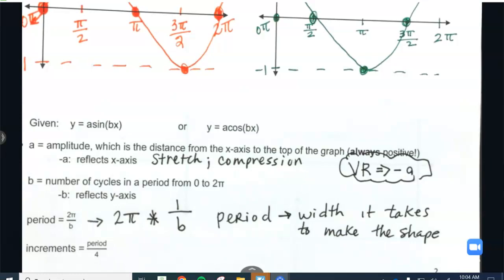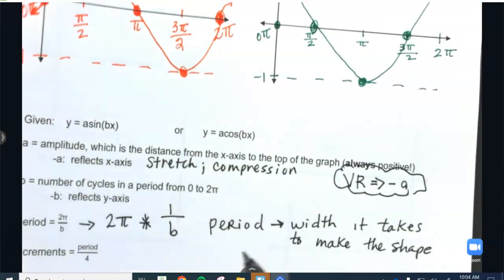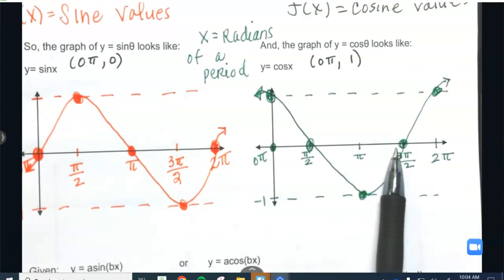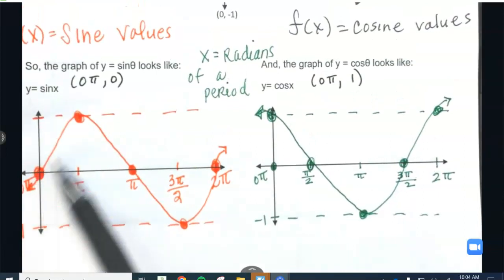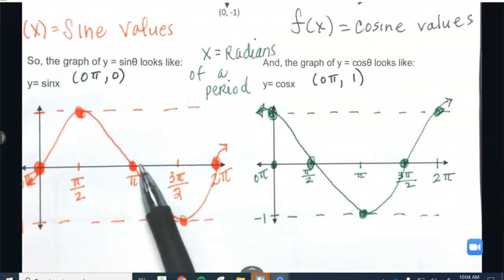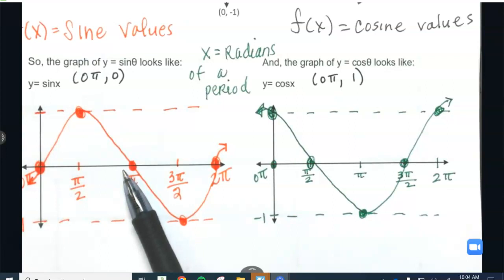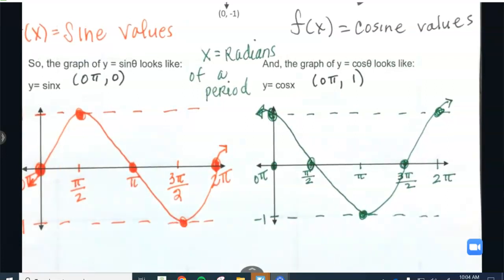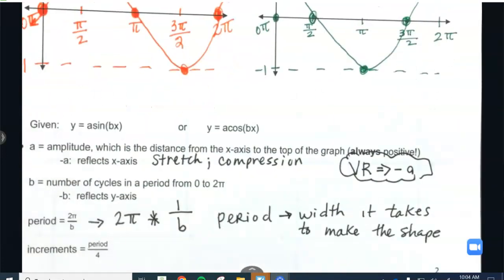Speaking of the x-axis, remember, if you look at your graphs up here, there's 4 pieces that happen. It starts, then it goes up, and if it goes up, it goes down. If it goes down, it either goes up or it goes down again. This continues to go down. So we always break our period into 4 increments because of the 4 parts of the x-axis.